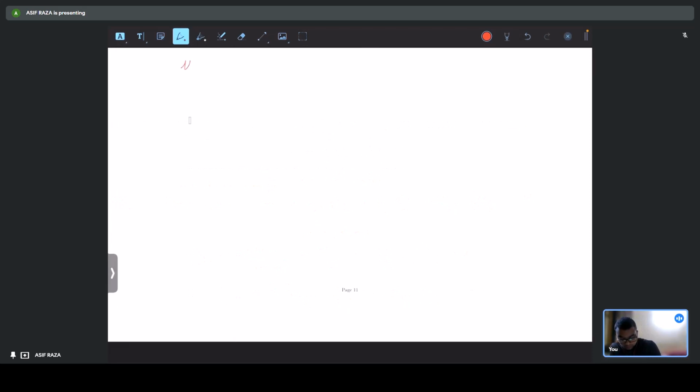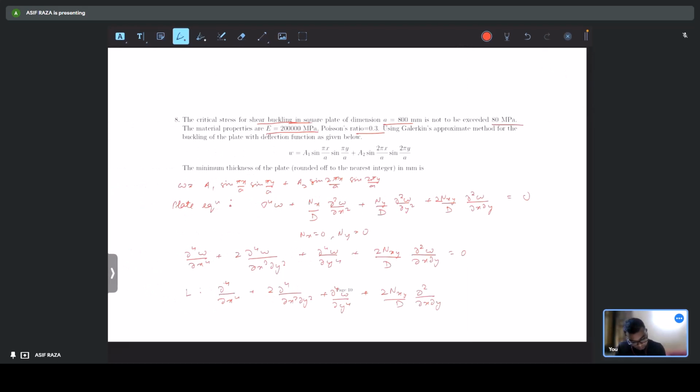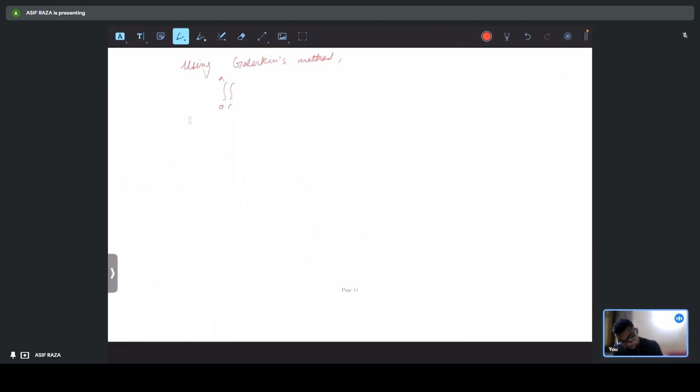Okay. So using Galerkin's method, we have integral 0 to a, 0 to a of L of W times f_n dx dy is equal to 0, which implies in our case two equations.